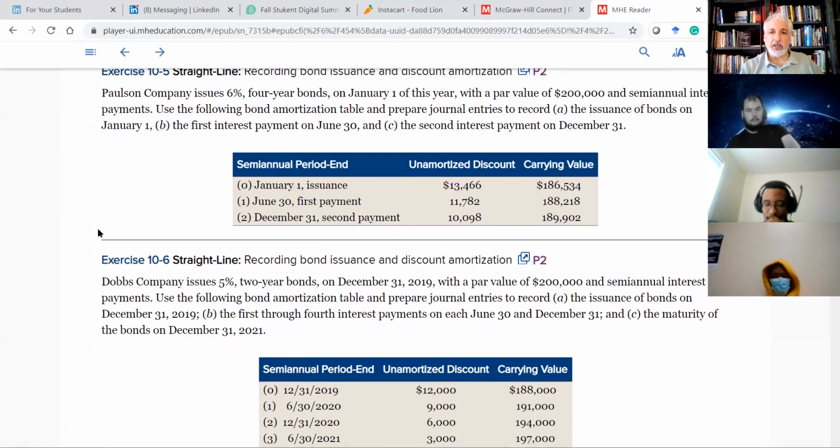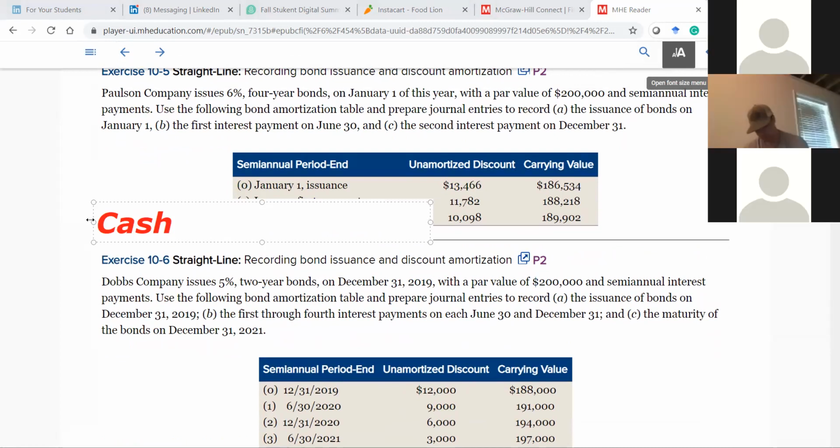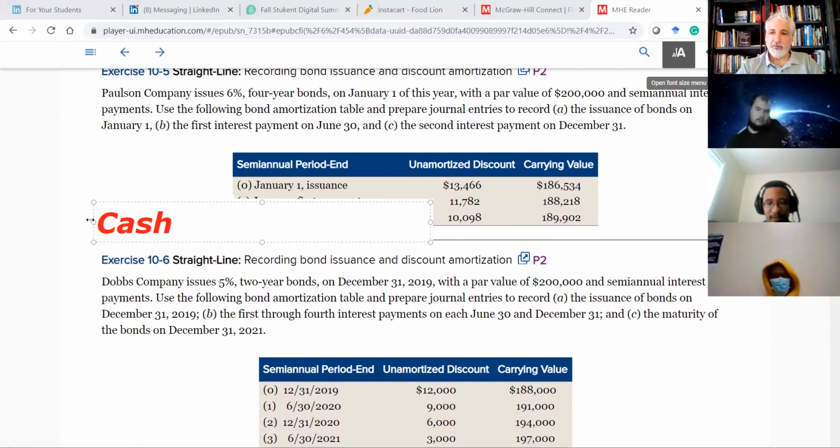How much cash did we get on January 1? Anybody? You look at this table, you should be able to tell me what the cash received is on January 1. How much cash did I get? I'm going to start calling on people. I'll put you on the spot.